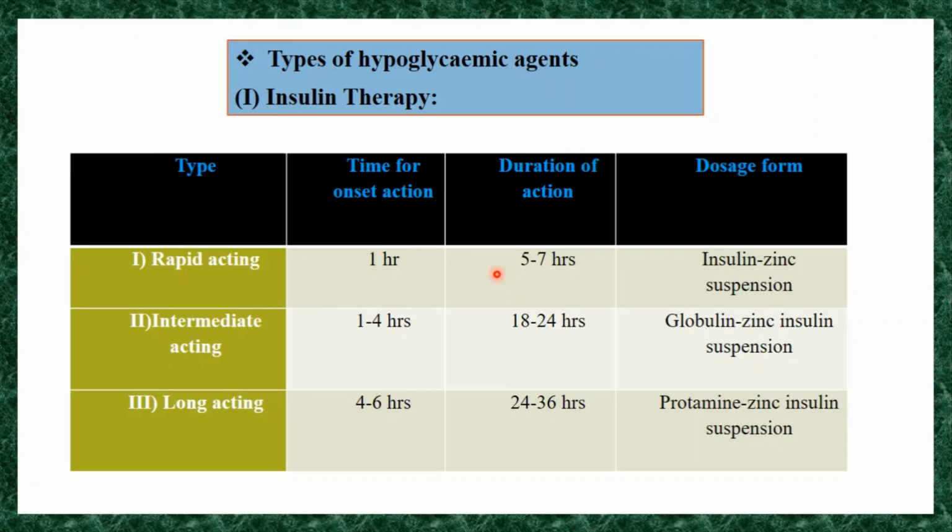It has these three types of dosage form: zinc insulin suspension, globulin zinc insulin suspension, then protamine zinc insulin suspension, and these are the types: rapid acting, intermediate acting, and long acting. And this is the time required to show the action and the time for onset of action for all these three dosage forms.